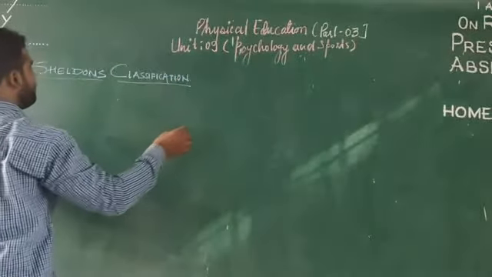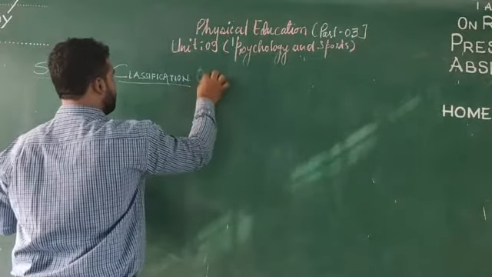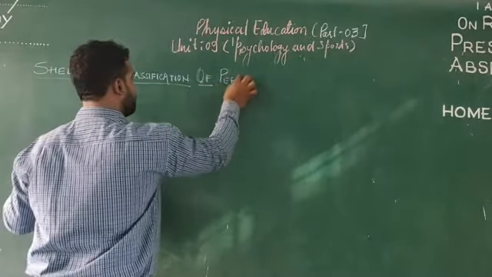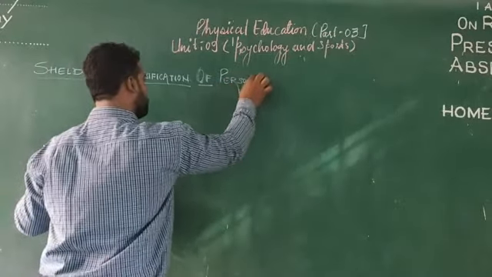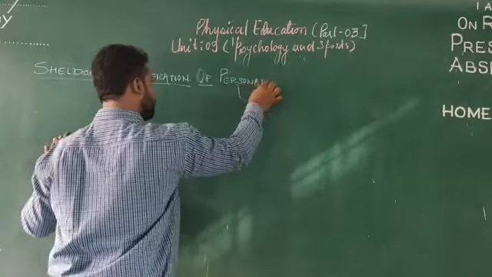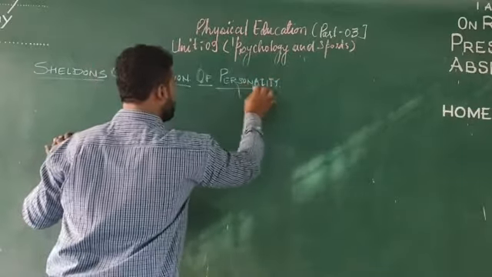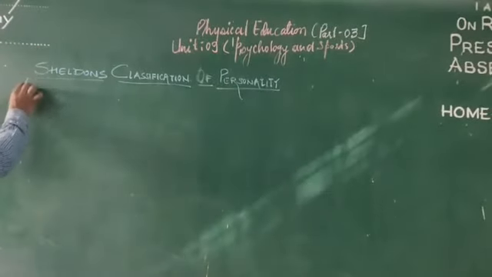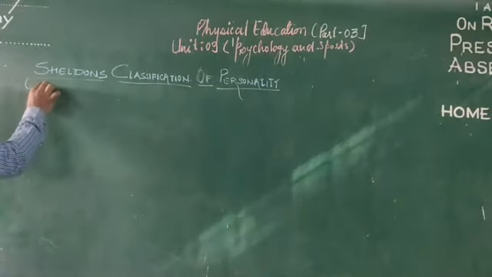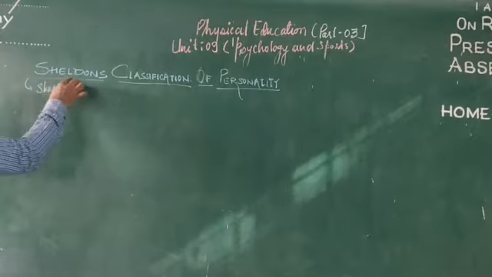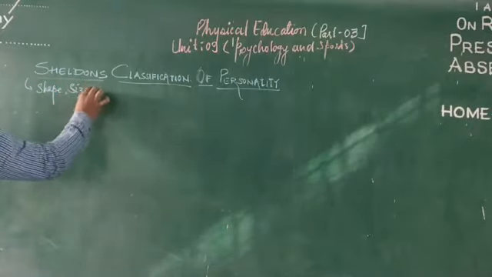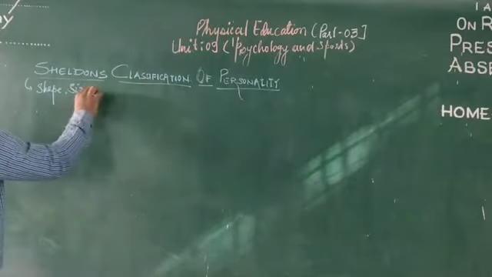Sheldon's classification of personality is based on the shape and size of the body. So it is based on shape, size, etc. Weight you can take.